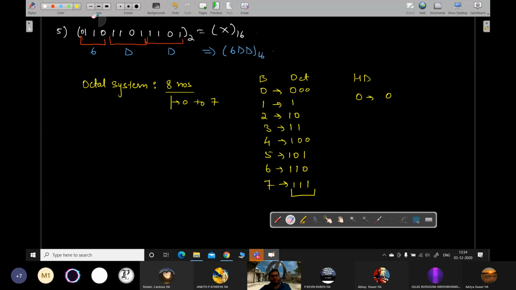Here binary and hexadecimal. So what will this be? The smallest number 0 can be written as 0 in binary, and similarly the largest possible number that can be there. Actually, I was explaining decimal here.